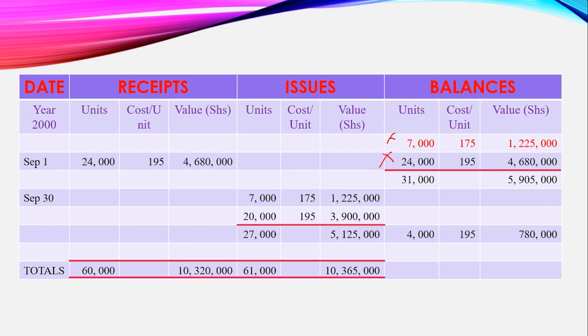So the 24,000 will be added to the balance that we had previously to give us a total of 31,000 units at a value of 5,905,000. So at the current state in our stores, we have 31,000 units, and the value is 5,905,000. We go to the next transaction, and that is on September 30th.